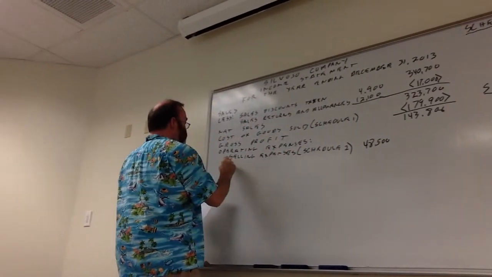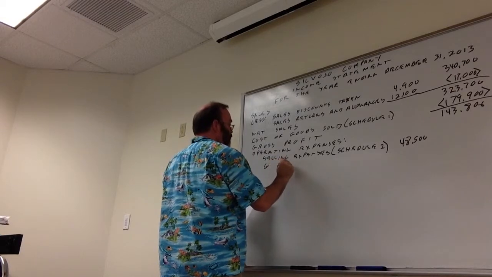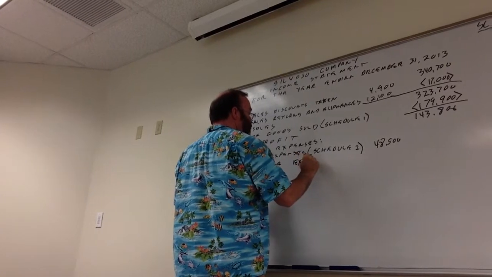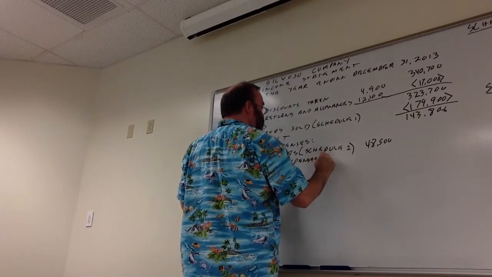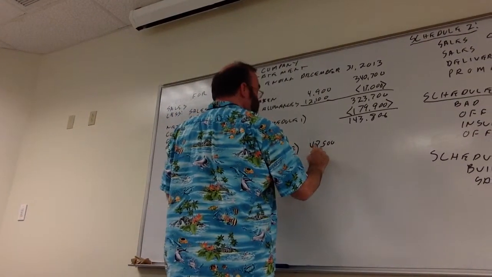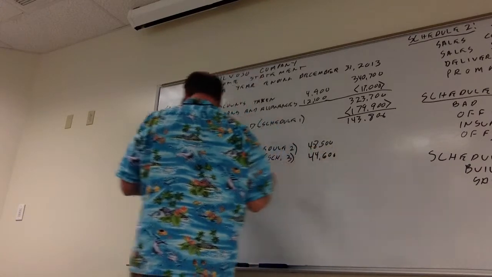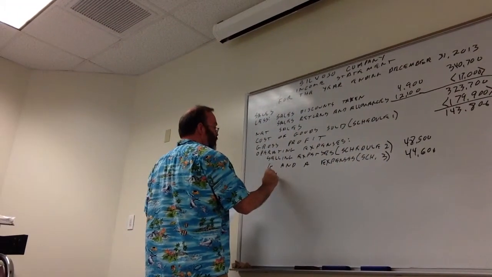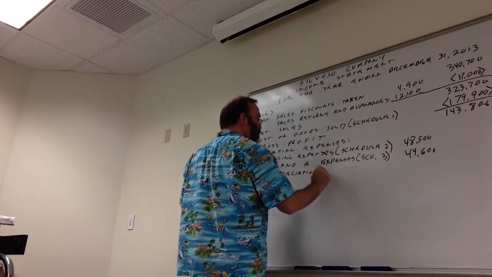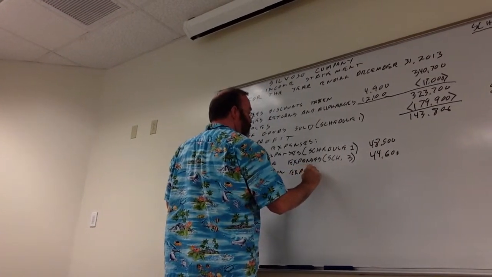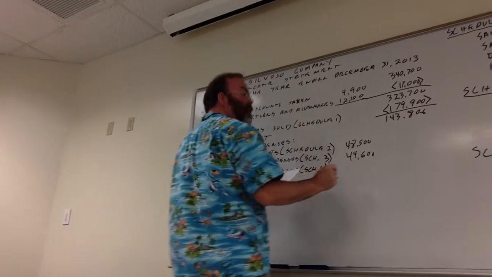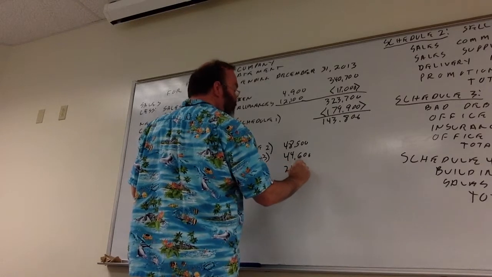We got G&A, I'm just going to abbreviate it, which is Schedule 3, 44,600. And we have depreciation, Schedule 4. And that was 24,100.